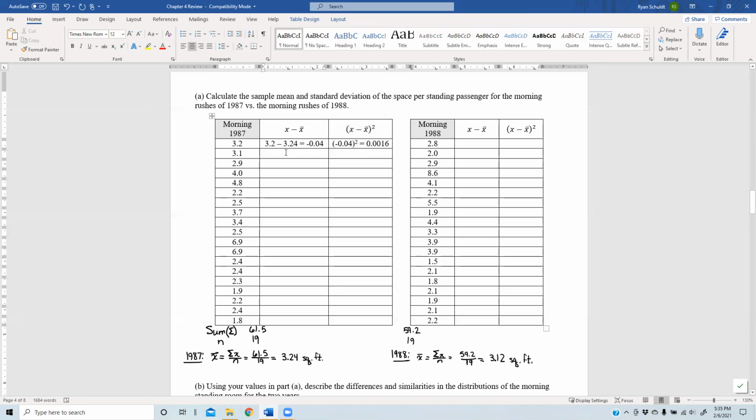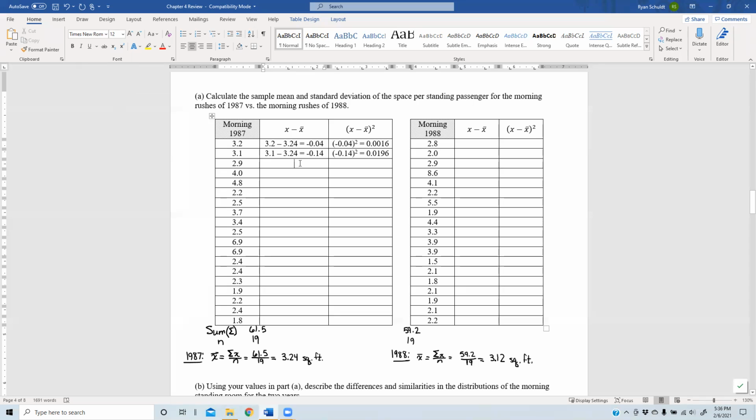Okay, so then I'd go on to the next one. 3.1 minus 3.24 equals, well, again, negative 0.14. Now let's square it. Negative 0.14 squared equals 0.0196.